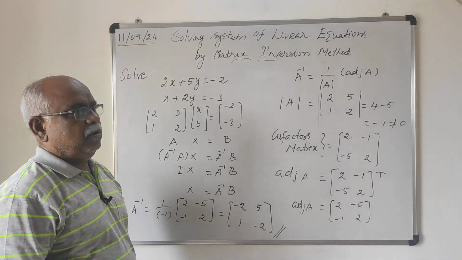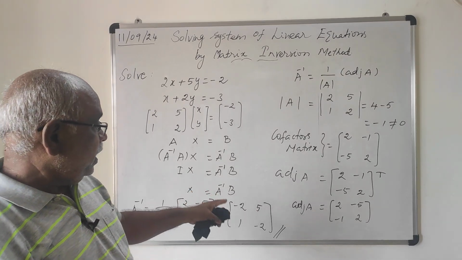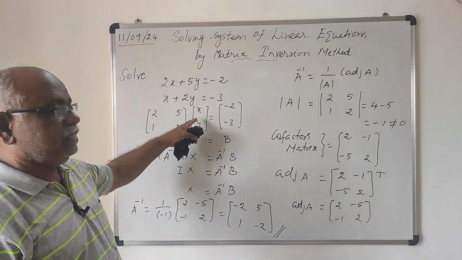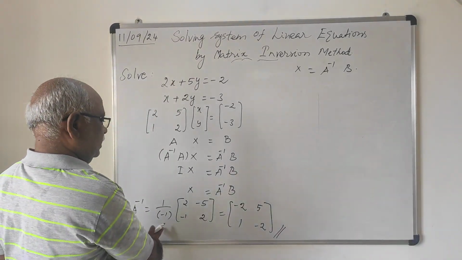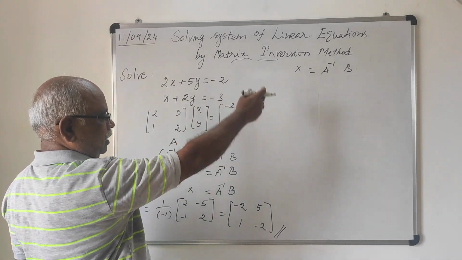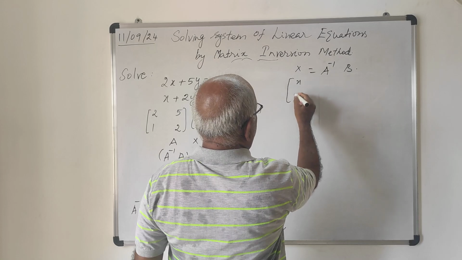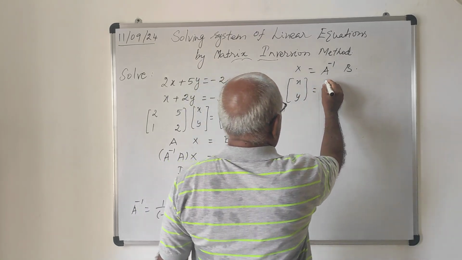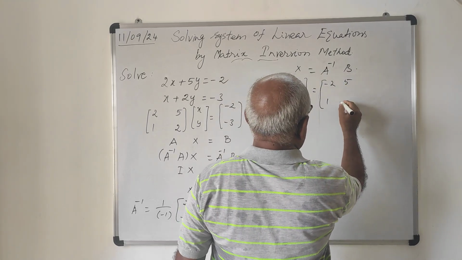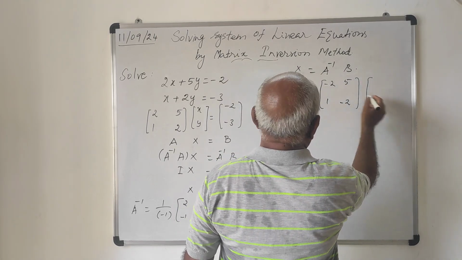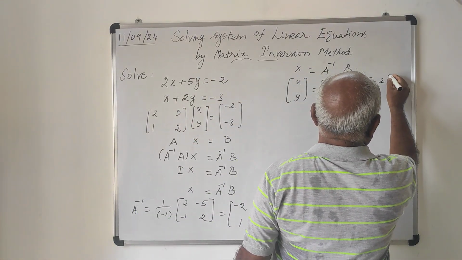That's all about finding the inverse using the matrix inversion method. Now after finding A inverse, we are going to find the solution for x and y. We replace it into the matrix equation X equal to A inverse into B. X is the column matrix x, y. A inverse is minus 2, 5, 1, minus 2, into the B matrix minus 2, minus 3.